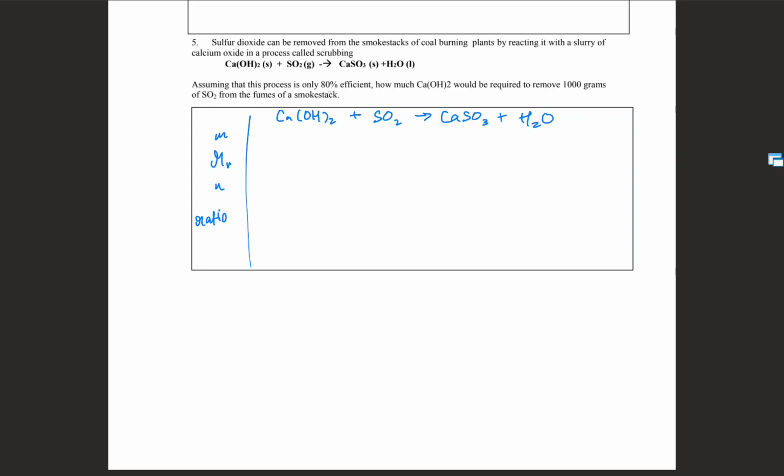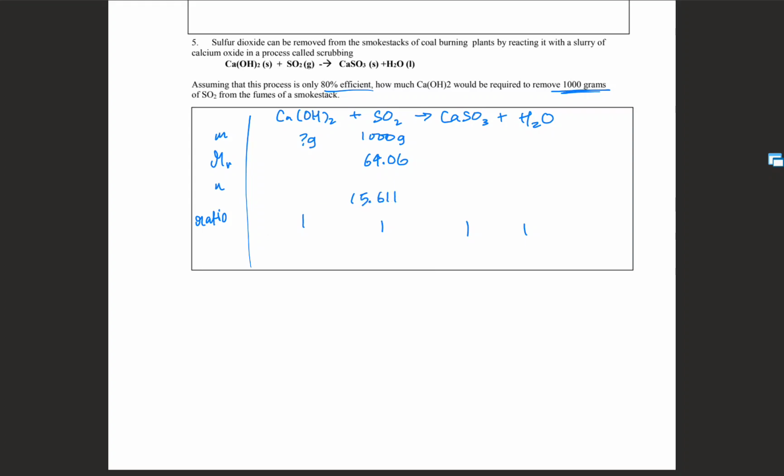Alright, so what are we given? We were given the process is only 80% efficient, and 1,000 grams of SO2. So we're trying to find this now that we're given that. The ratio is 1 to 1, 1 and 1, so you can find the moles of this. The molar mass of SO2 is 64.06. The moles is 15.611.